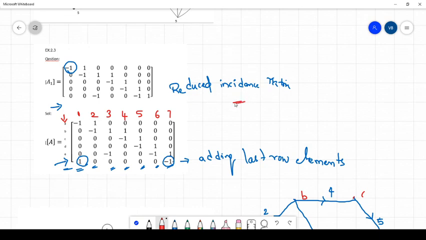So whenever the reduced incidence matrix is given, you need to add the last row elements by taking an extra node. By observing the column values, wherever you have two non-zero elements, you should add zero there. If only one non-zero element is there, you should add the opposite number. Here -1 is there, no? You should add +1. Here you have 1, no? So here I am going to add -1.